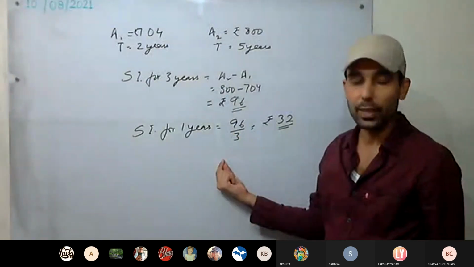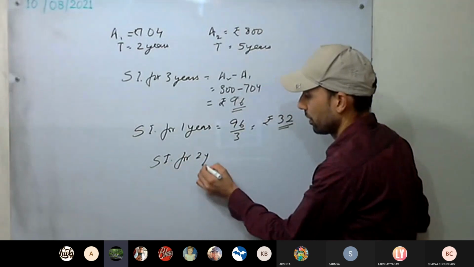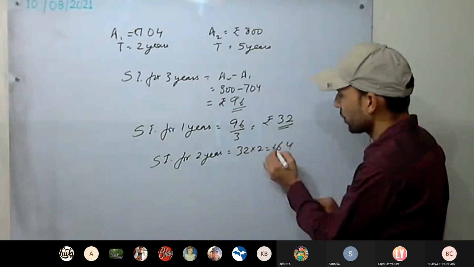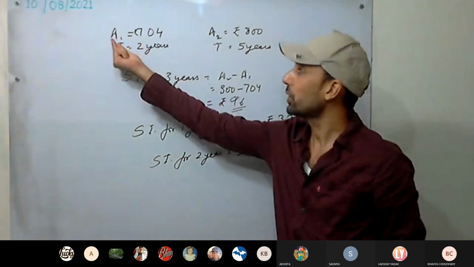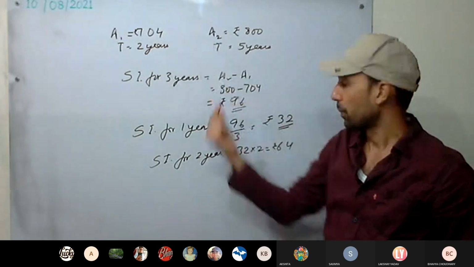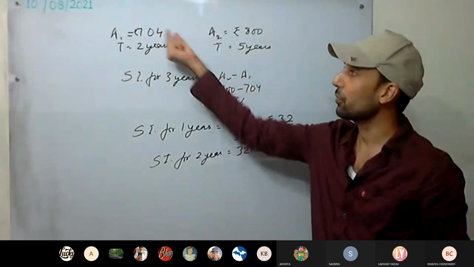Simple interest for 2 years will be how much? 32 multiplied by 2, rupees 64. So see here what is given. Amount after 2 years is 704. Simple interest for 2 years is 64.